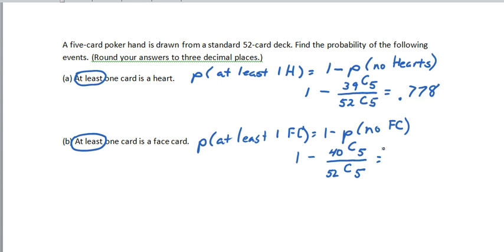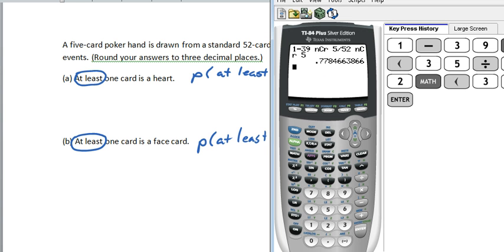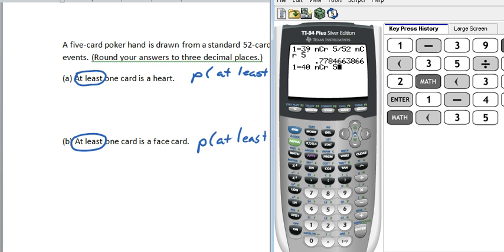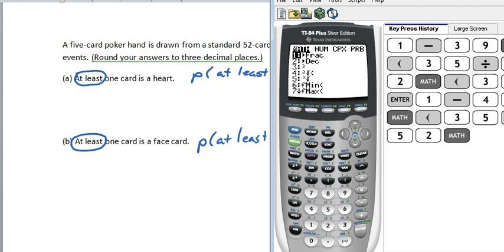And so this time we'll go back to the calculator. 1 minus 40 math prob combinations 5 divided by 52 math prob combinations 5.